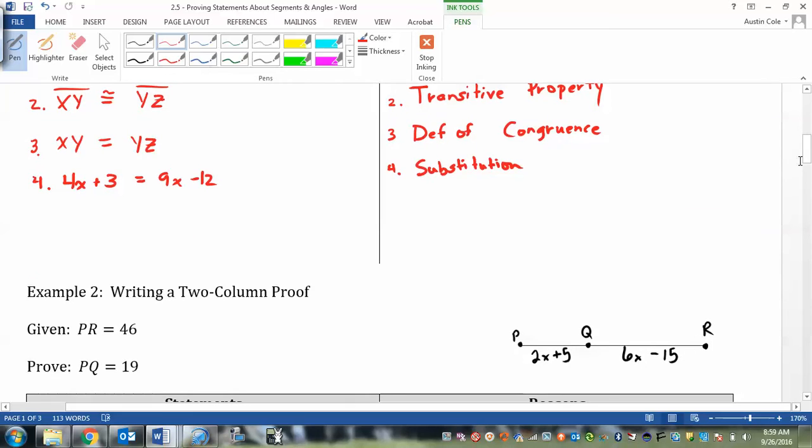Now let's solve this thing. Serena, how am I going to solve this? Can we combine like terms, Serena? Why? Great, they're not on the same side. So what should we do, Serena?